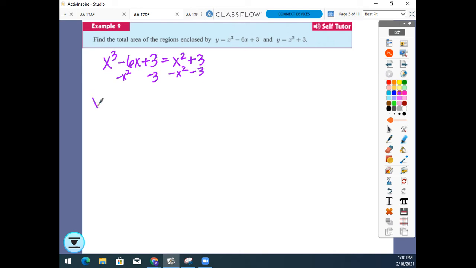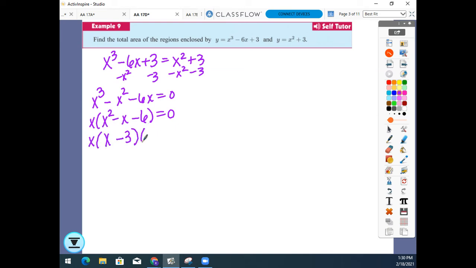So I see this cancels. Oops. Combine all my like terms. And I don't have a constant, which is good because now I can factor out my x. Because this is now factorable.